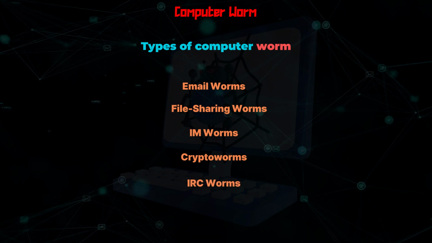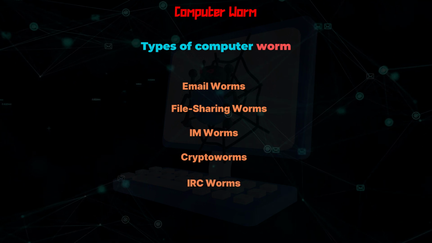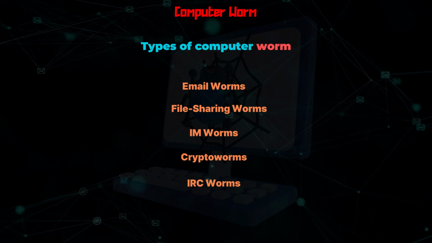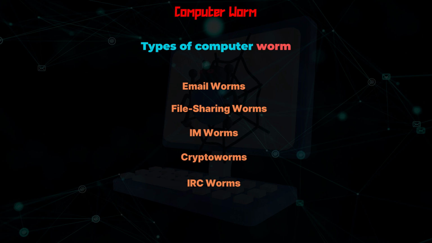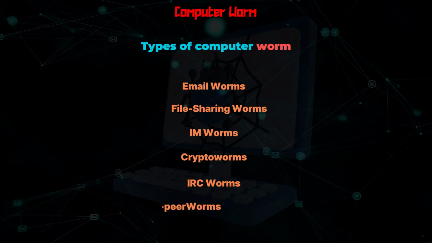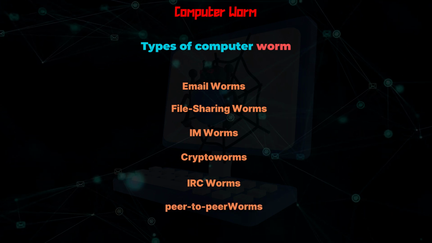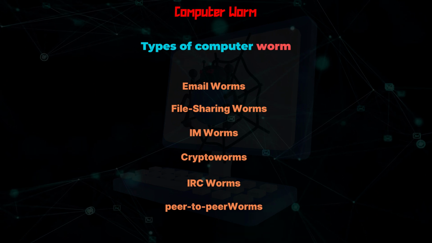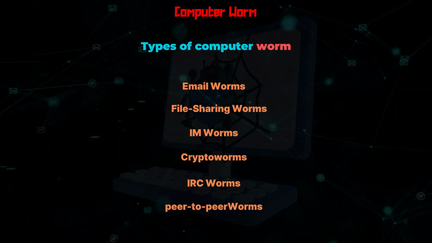IRC worms. An IRC worm is a malicious program designed to exploit IRC channels to infect chat rooms and message forums by sending infected messages. Peer-to-peer worms. Peer-to-peer worms use the mechanisms of peer-to-peer networks to distribute copies to unsuspecting peer-to-peer users.